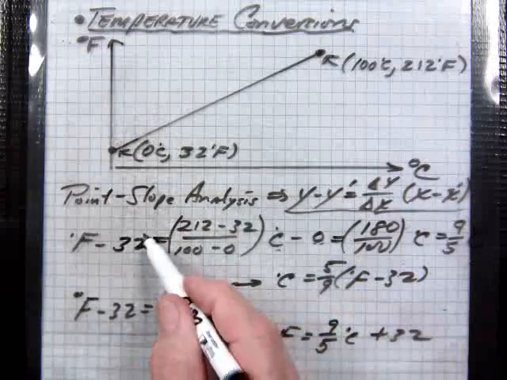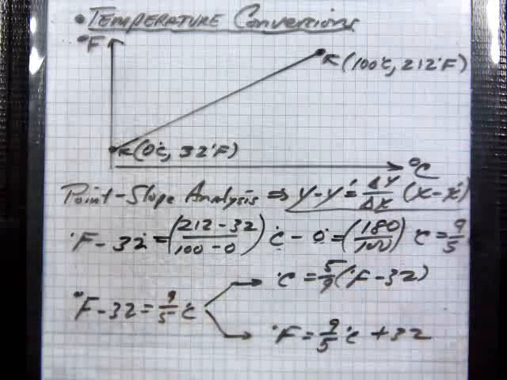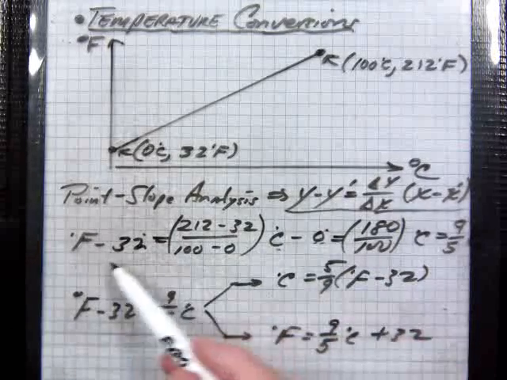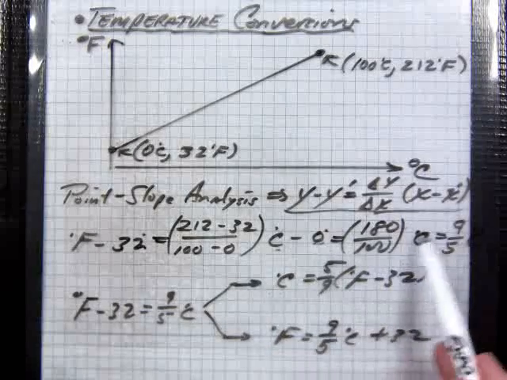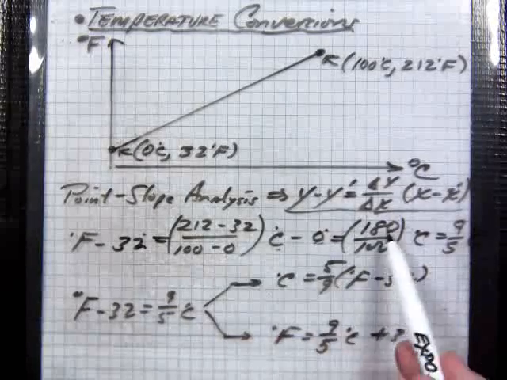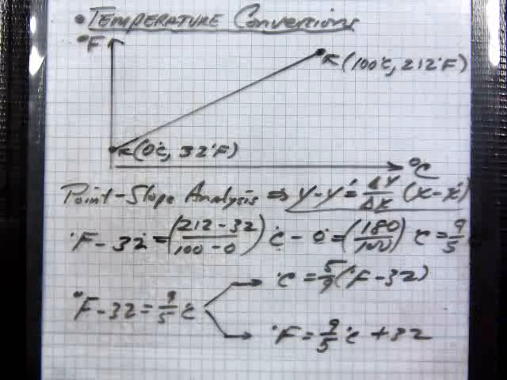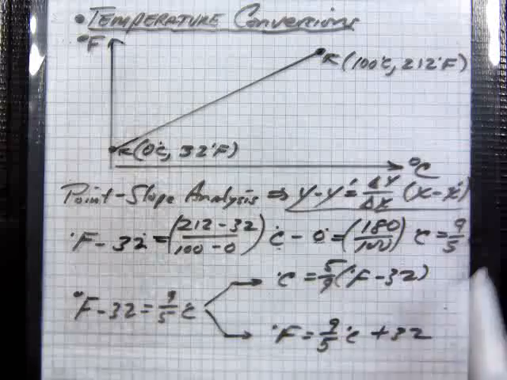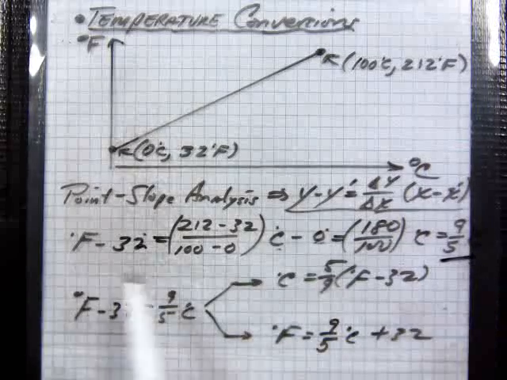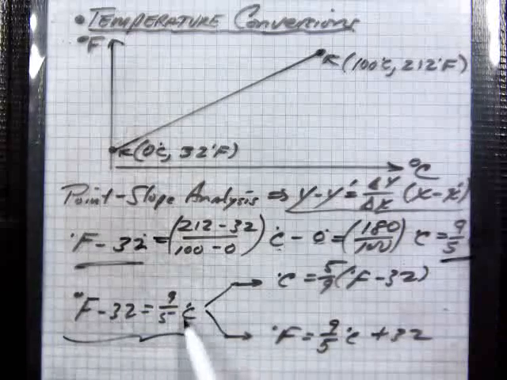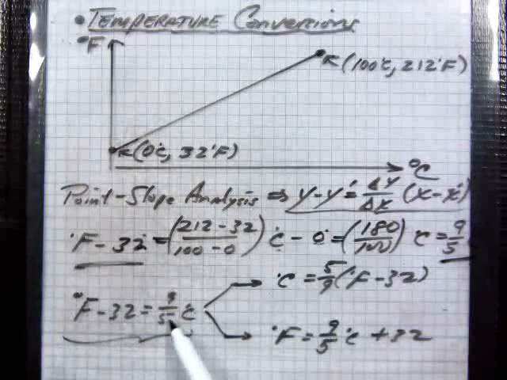Well, we'll put degrees up here, that's fine. Then all I'm doing is simplifying this, like C minus 0 turns into a C, 212 minus 32 is 180 over 100, and that reduces to 9/5 C. That's all it does. Okay, then what I did is I took this and this, right here, and in one case I solved for C, dividing both sides by 9/5.